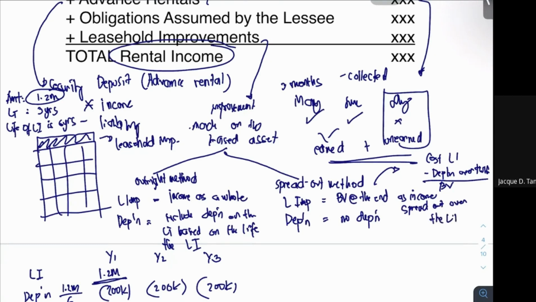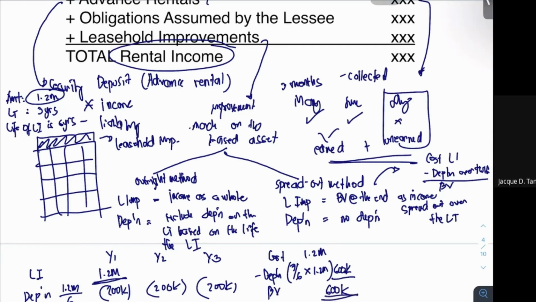Okay, so let's have the same facts. The cost of the leasehold improvement is 1.2 million, less the depreciation over the lease term. The lease term is 3 years, and the life of the leasehold improvement is 6 years, times 1.2 million. So we have here 600,000 total depreciation. So the amount of our book value at the end is 600,000.